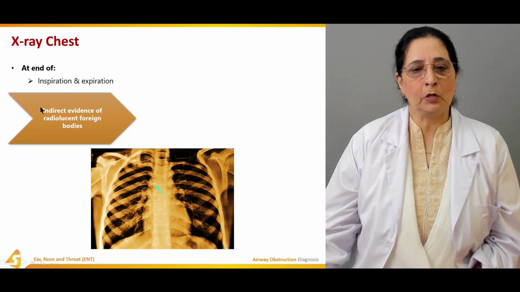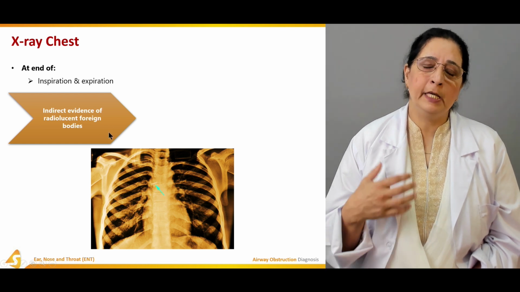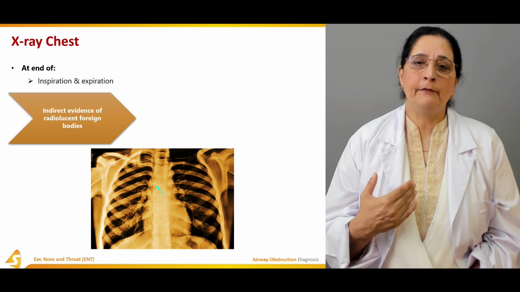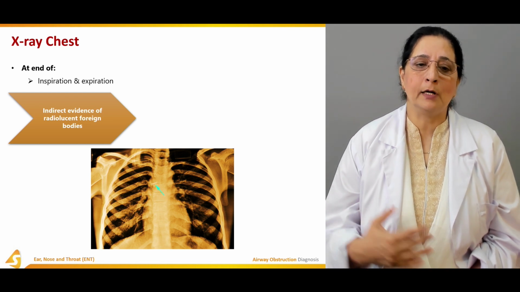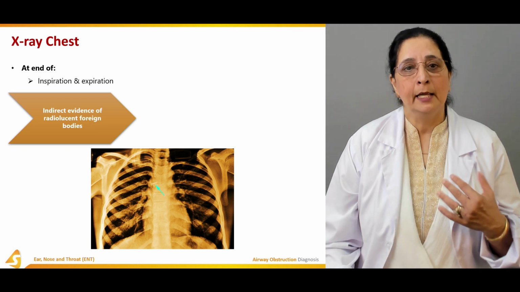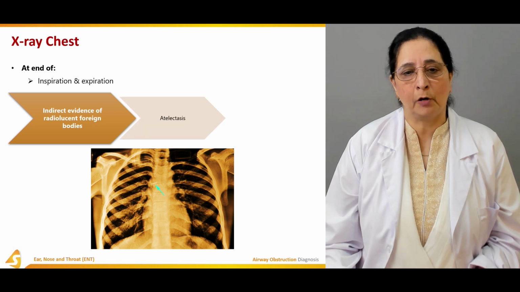Indirect evidence of radiolucent foreign body. If the foreign body is not radio-opaque and we cannot see it, then what are some indirect evidences that can tell the foreign body is present but it is a radiolucent foreign body?